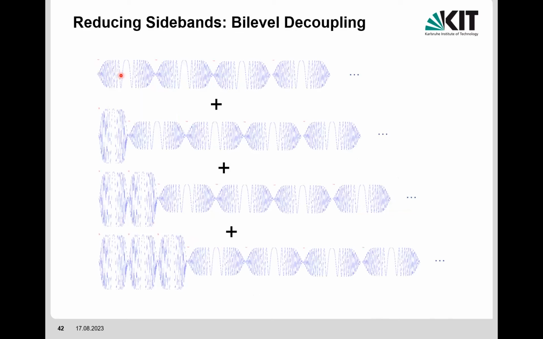So the first one is the normal Wurst decoupling, where you have your adiabatic inversion pulse and you apply them many times. But then you acquire here, and the first pulse that you apply has a higher amplitude and has only half the length. So actually, here you have this periodicity, and now the periodicity starts halfway shifted because of this pulse here.